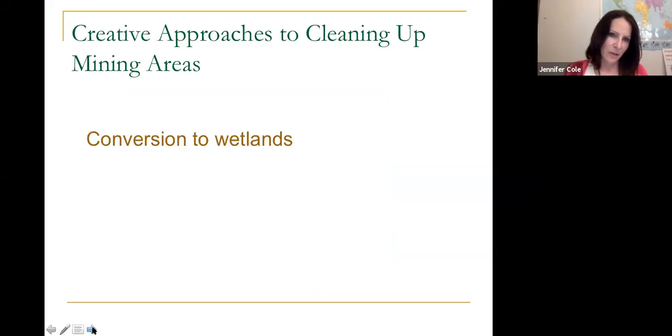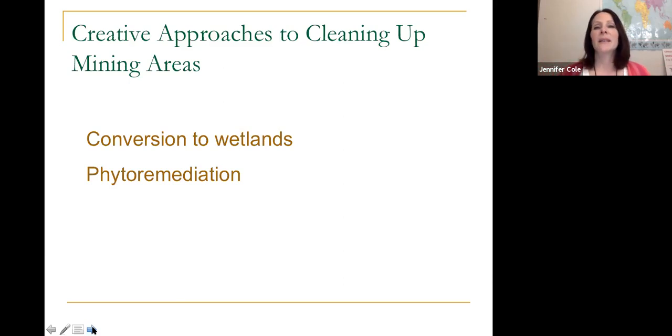I teach a class called Wetlands Science and Policy here, and we talk a lot about cleaning up waste using constructed wetlands. So it's not a good idea, and it's actually highly illegal to put pollution into wetlands that are existing, but you can create wetlands.